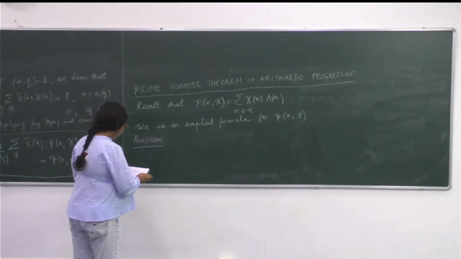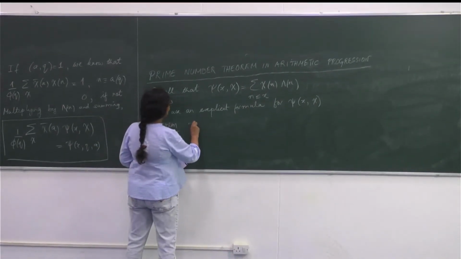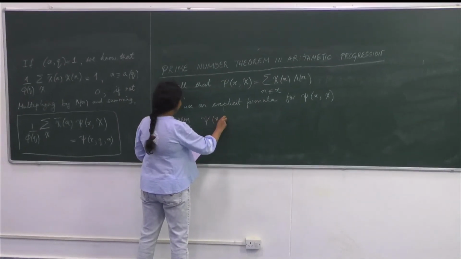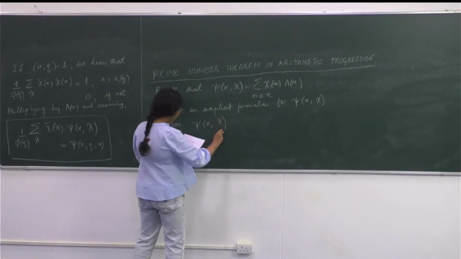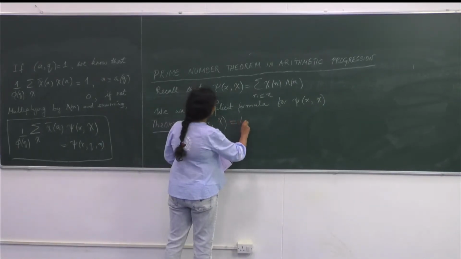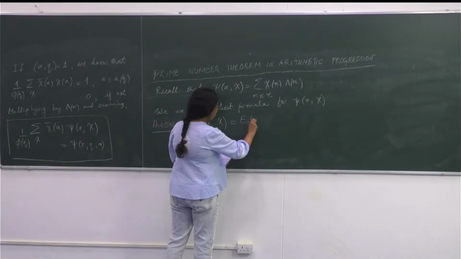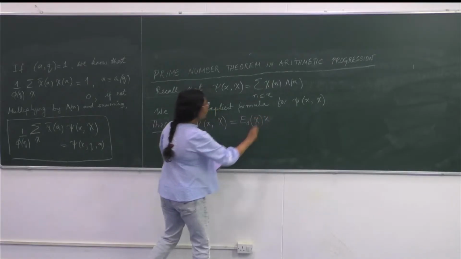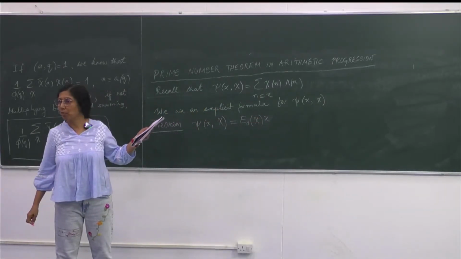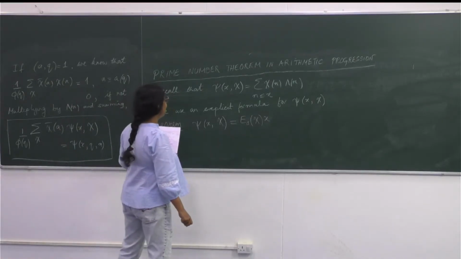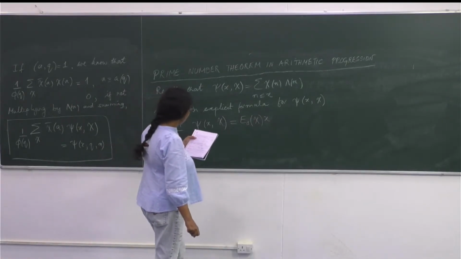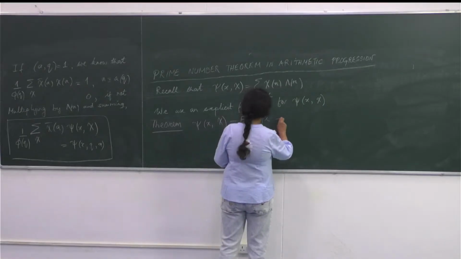It says that psi x chi is equal to E0 chi into x. You remember E0 chi, we've used it before. It's either 1 or 0, depending on whether chi is chi 0 or not. And then an error term.